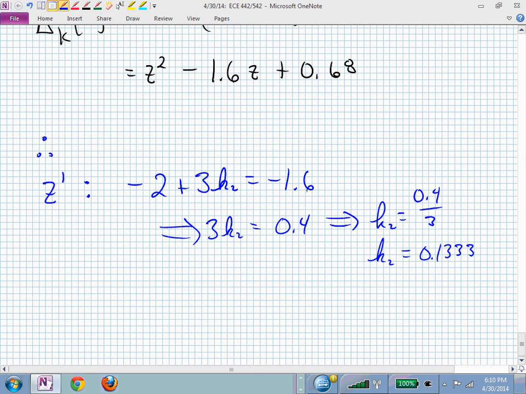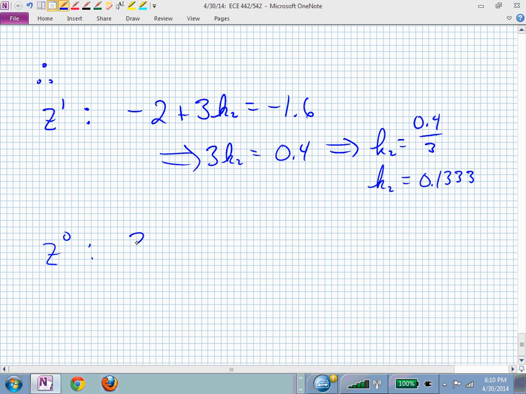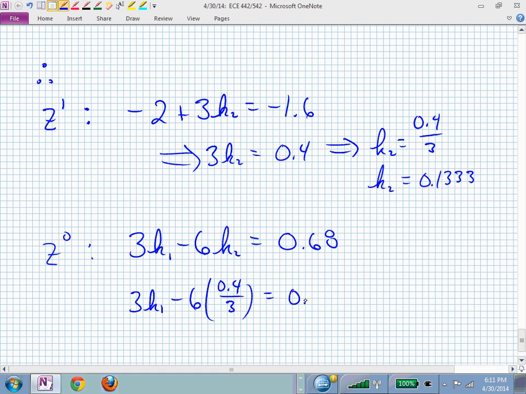K sub 2 then is this 0.133, and if we now look at the constant coefficient, we have 3k1 minus 6k sub 2 equaling 0.68, and k sub 2 we've just determined to be 0.4 over 3.